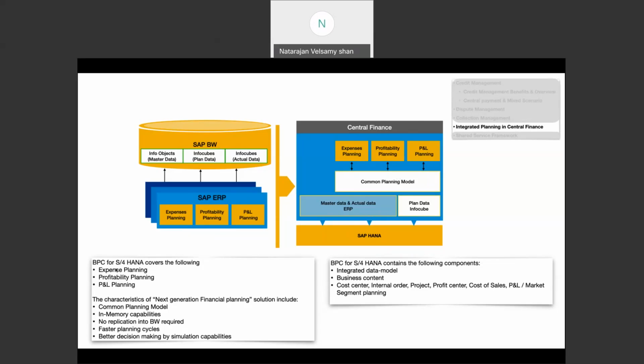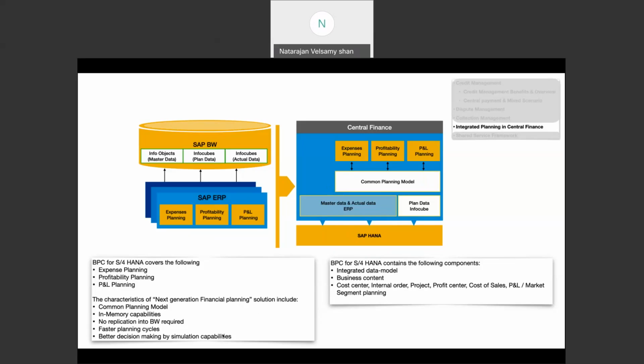So BPC for S/4 covers the following: expense planning, product planning, and P&L planning as a common planning model. The categories of next generation financial planning solution include common planning module, in-memory capabilities, no replication into business warehouse required, so that leads to faster planning cycles and better decisions by simulation capacity.